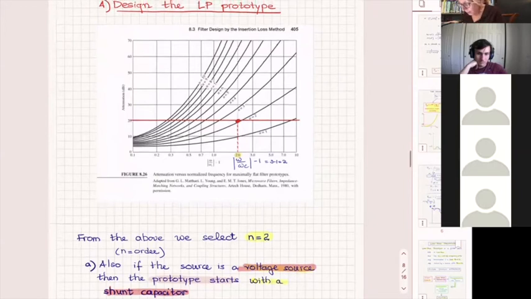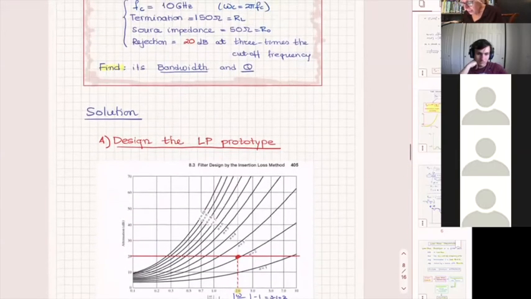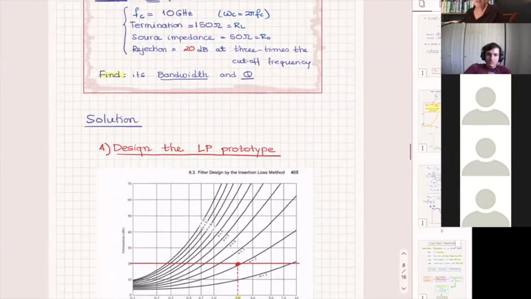So what do you do? First of all, you say, okay, I'm going to start with my prototype. Let's look at the rejection. The rejection is very important because that tells you how many sections you are going to have in your prototype. Every section in the prototype is one resonating element. Every section is like an inductor or a capacitor, resonating only. You cannot have sections which are resistors, with only the last one, which is your load.